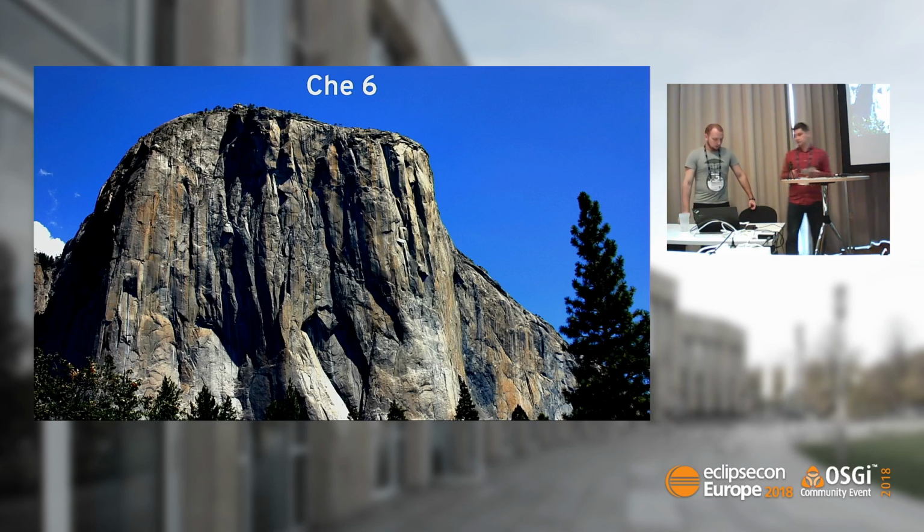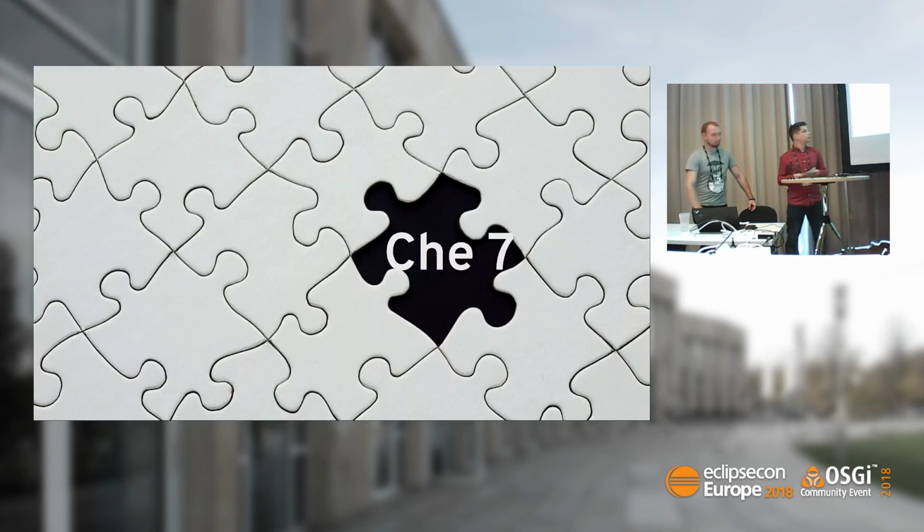So in Che 7, we worked on that, and it's really customizable. Today we will talk about different techniques of customizing Che. You might be able to watch previous talks and a workshop about writing plugins and adding plugins to Che 7, and today we will talk about something more advanced.